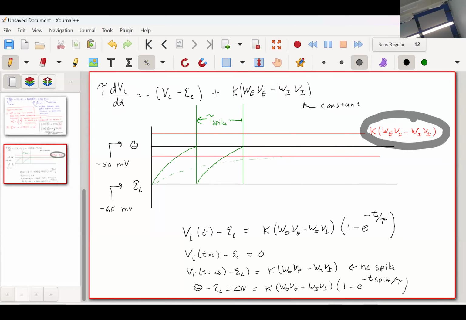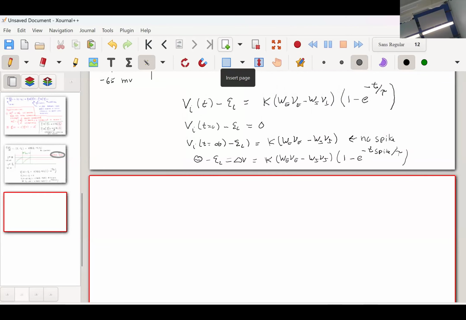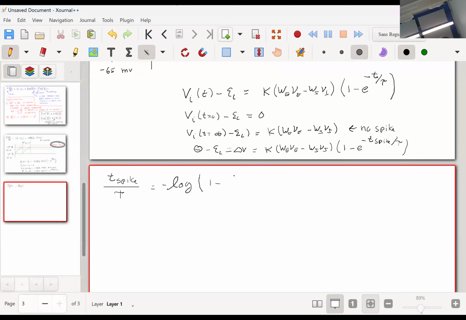And now if you solve for t spike, you get t spike over tau is equal to minus log of one minus delta V divided by K W_E nu_E minus W_I nu_I. Okay, is that right? Yes.